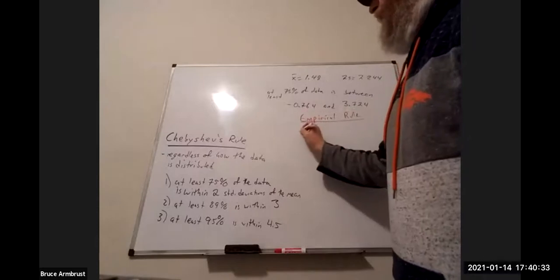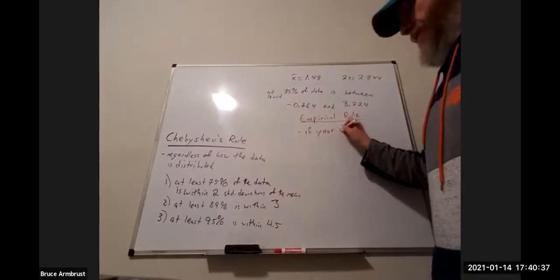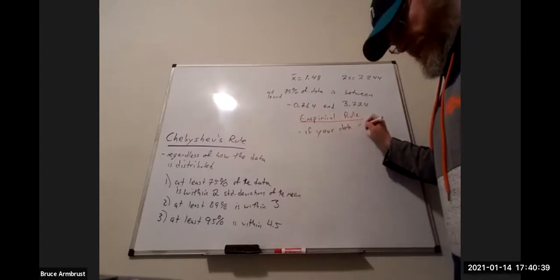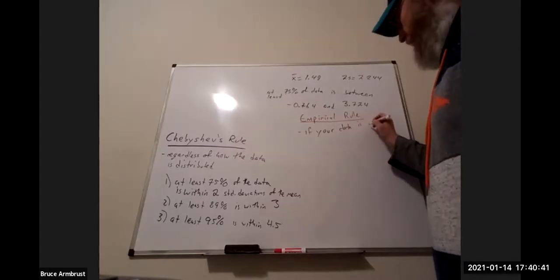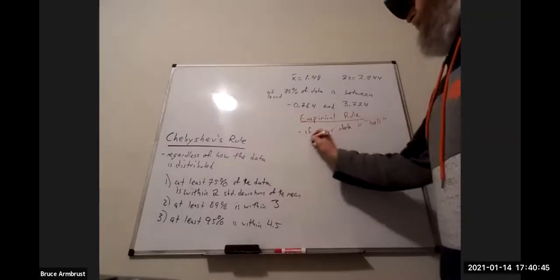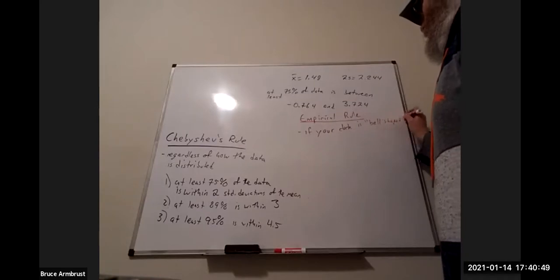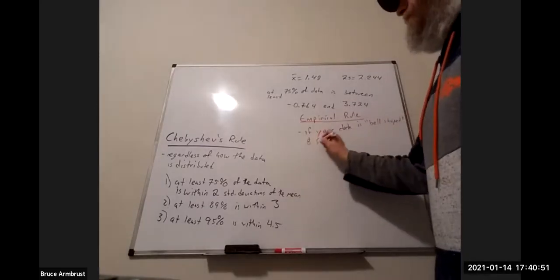All right, and what this says is that if your data is, I'm going to put here in quote, bell-shaped, and symmetric.